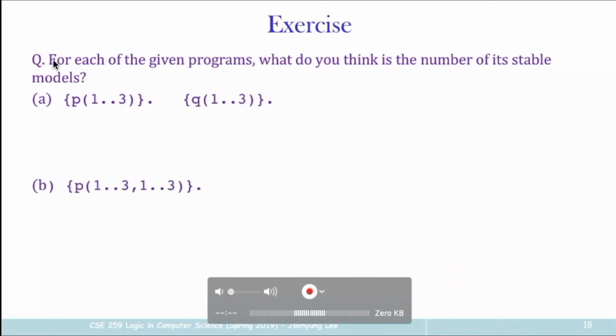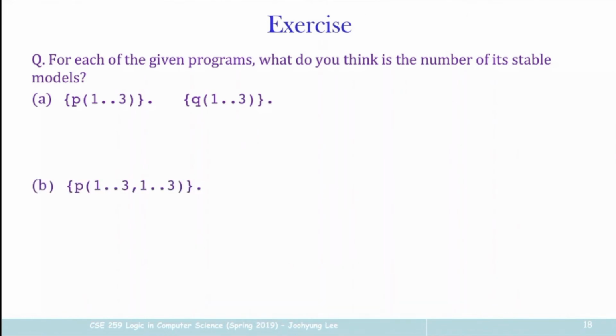It's similar, but a bit different here. Again, open to people who don't have participation credit yet. So how many stable models will there be for this second one?